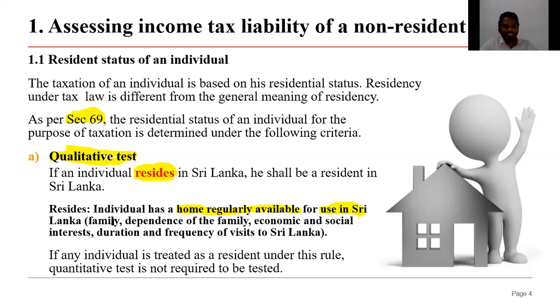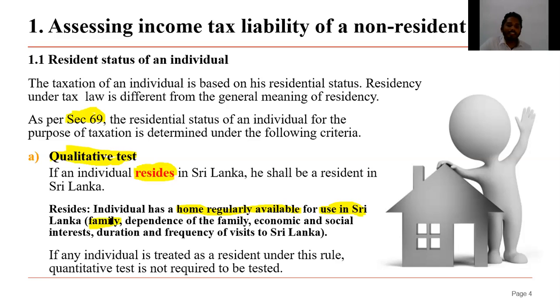There are also some criteria to determine reside. One is the individual having a regularly available home in Sri Lanka, and based on the given scenario you need to analyze other areas.